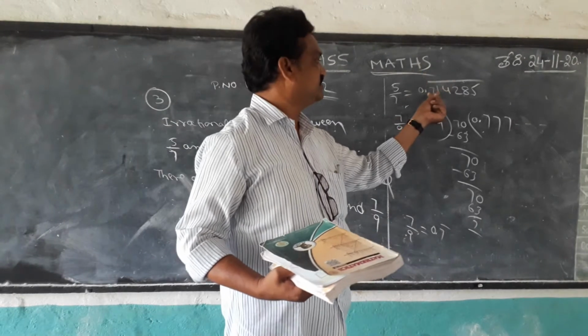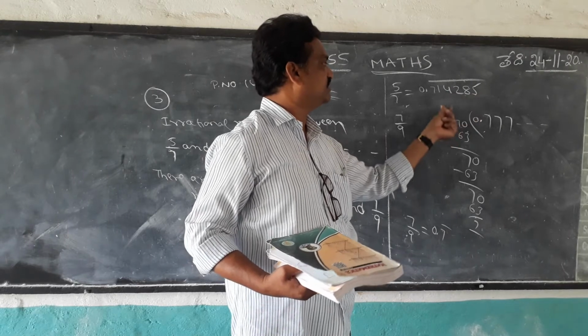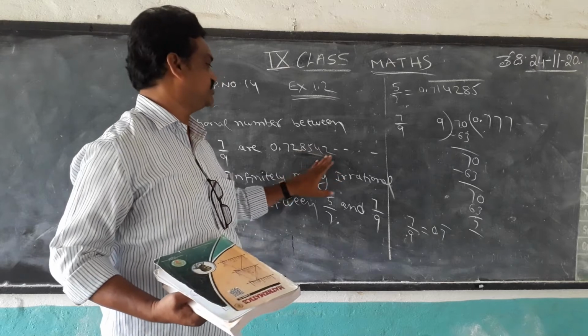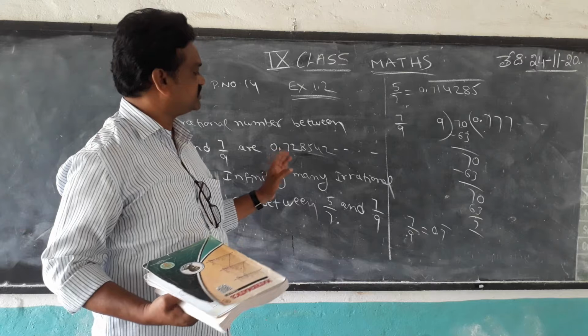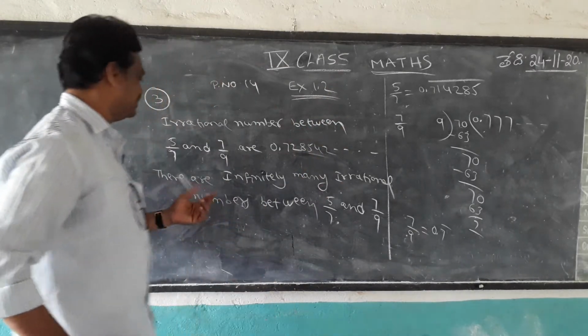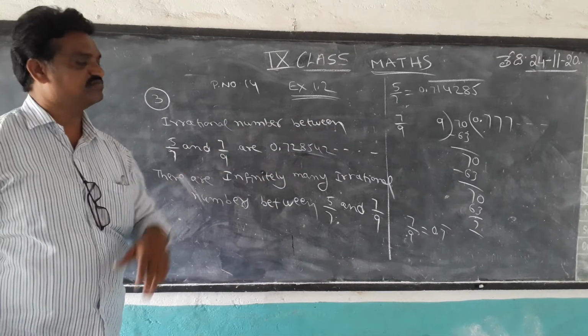See once again, after 0.71 you write numbers, that is 0.72, and the next digits anyone can write: 0.725854, 0.725643, 0.726572, any numbers as you like. Okay, therefore there are infinitely many irrational numbers between 5/7 and 7/9.